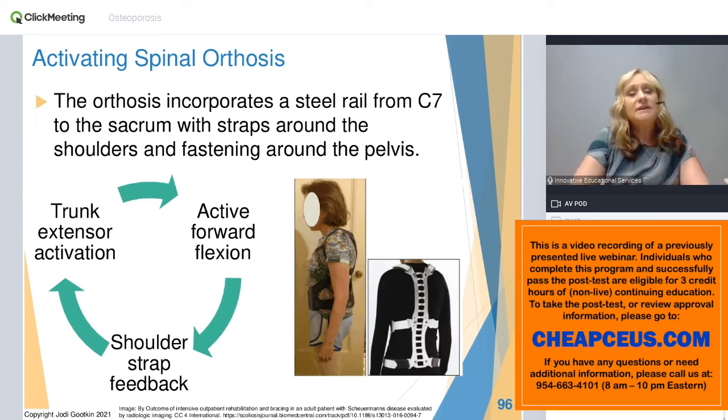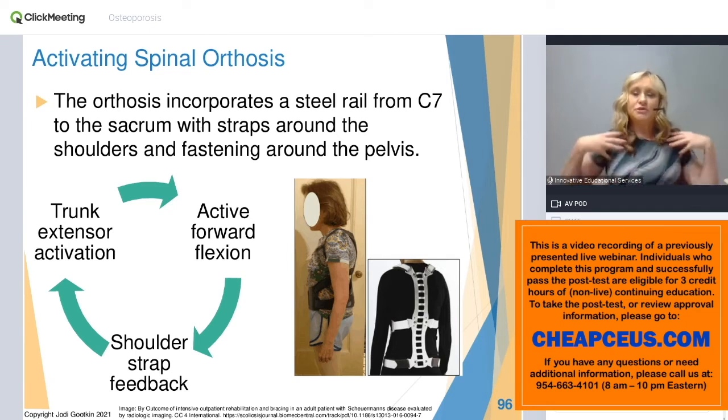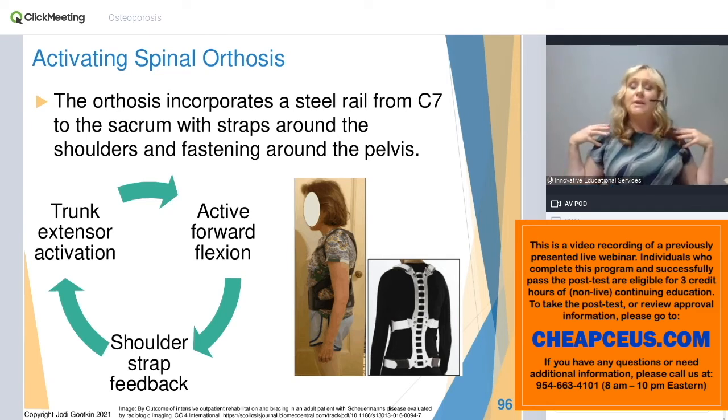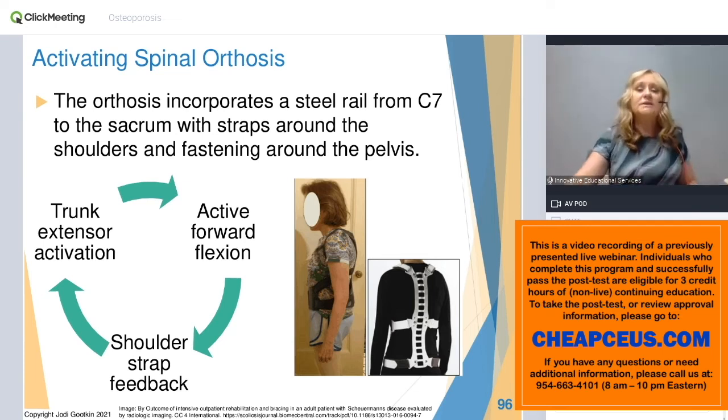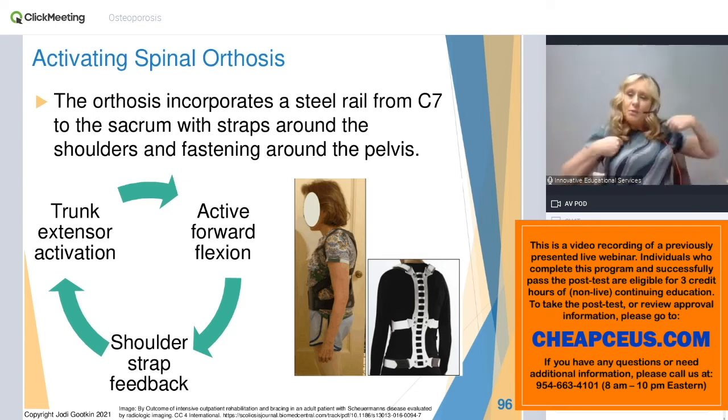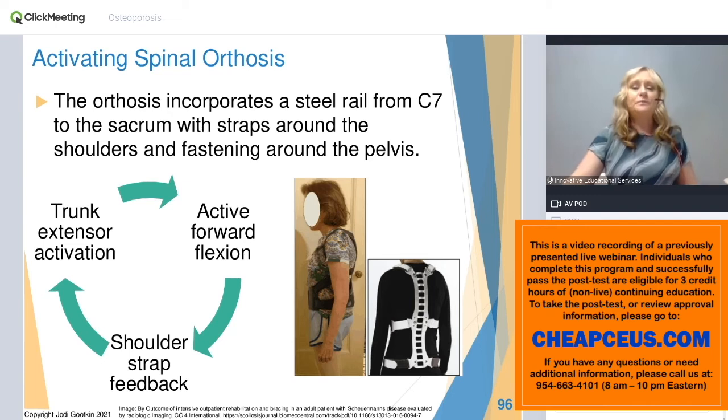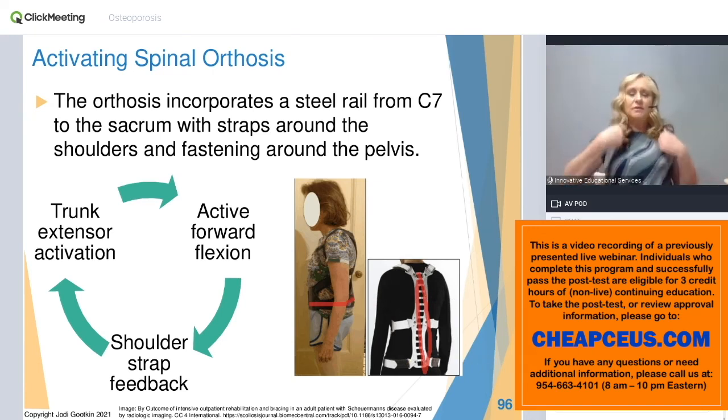The activating spinal orthosis might be utilized in some individuals to help encourage that postural alignment with extension to decrease that anterior loading on the anterior vertebral bodies. The way that this works is it's kind of put on like a backpack. It has the rigid component along the spine, and then it has straps that come along the waist and over the shoulders.